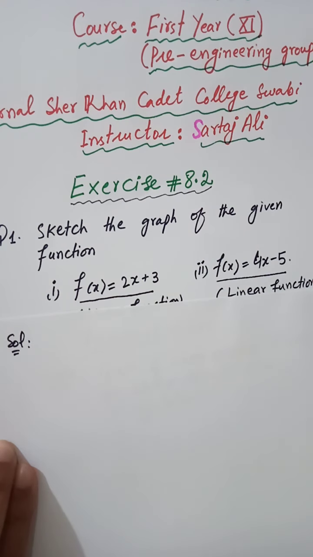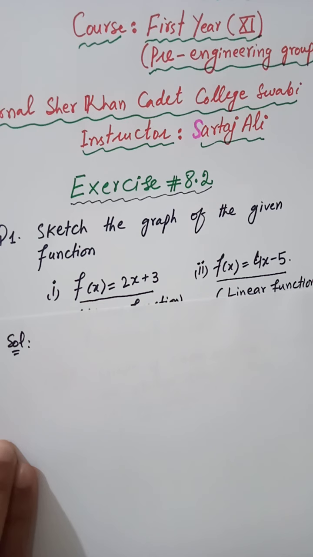But remember, it is not possible to plot each and every point of the line, meaning to find all the ordered pairs, because the points which make the line are infinite. So there must be infinite ordered pairs, and you cannot find infinite ordered pairs.